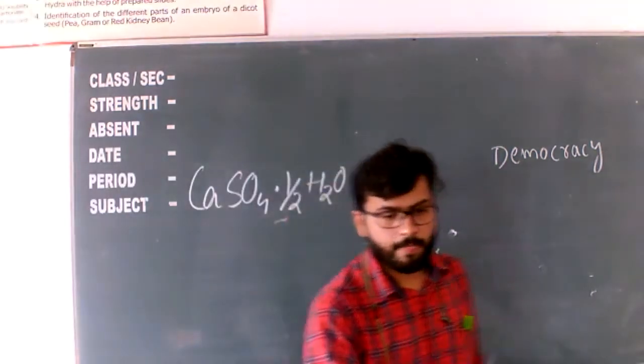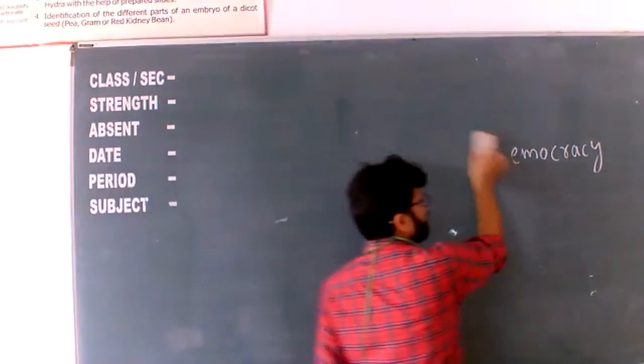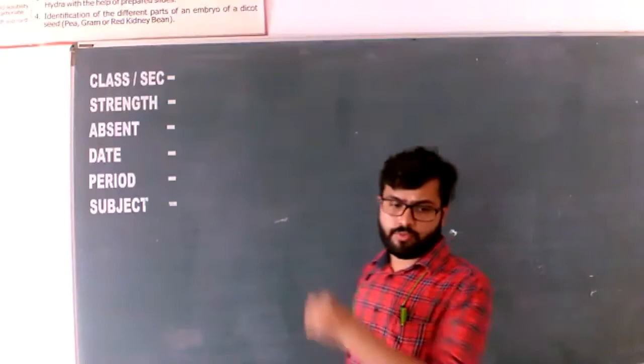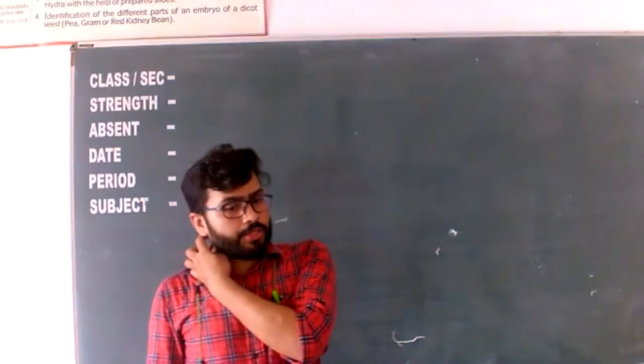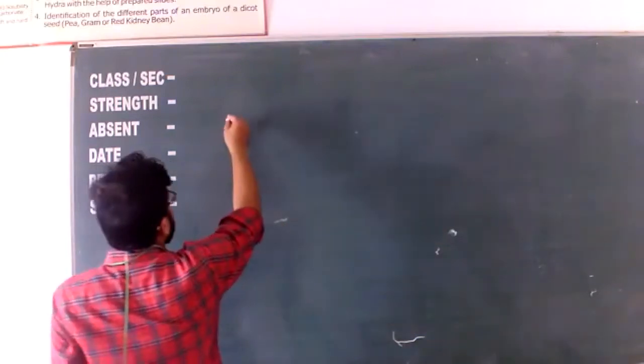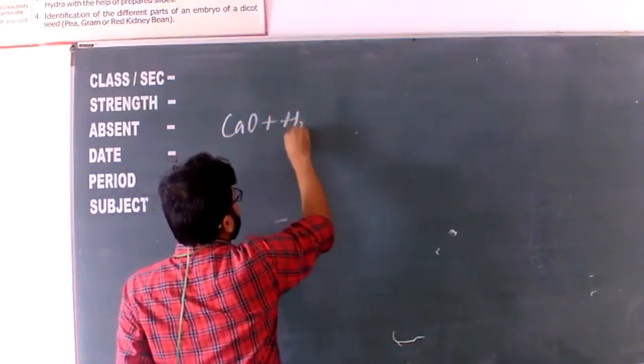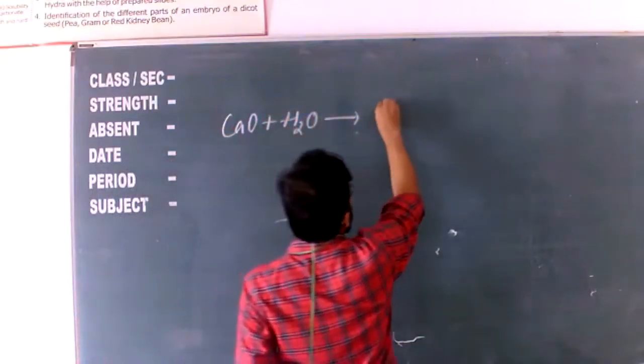Now we will write the reactions. Let us write the reactions for all these. The first one that we discussed: calcium oxide with water gives us calcium hydroxide.